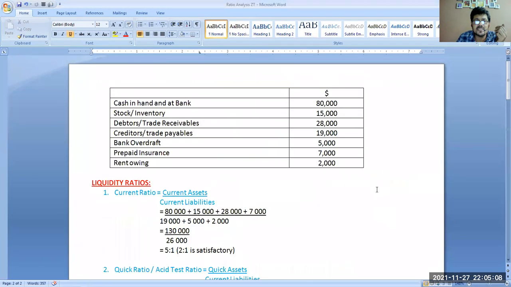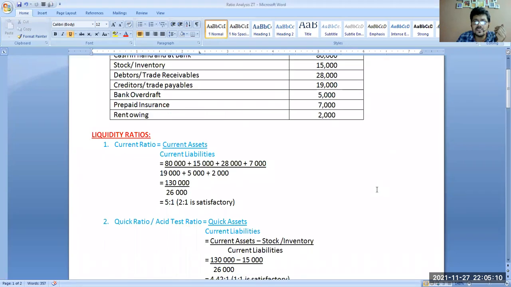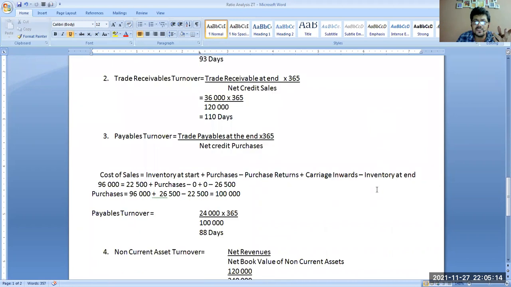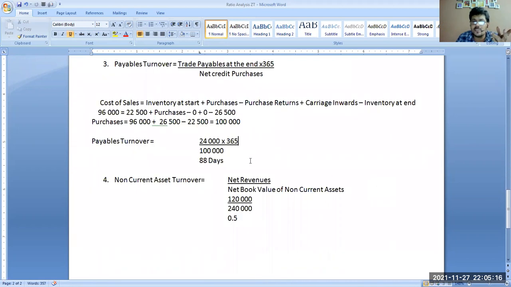Last time we discussed liquidity ratios, then efficiency ratios, and the last one, non-current asset turnover. I told you this ratio is only for A levels, not for O levels. Now today we are going to start with profitability ratios. Okay, this is our topic today.